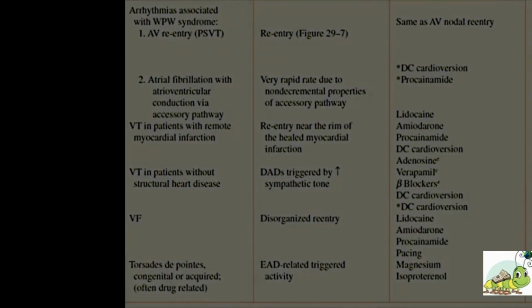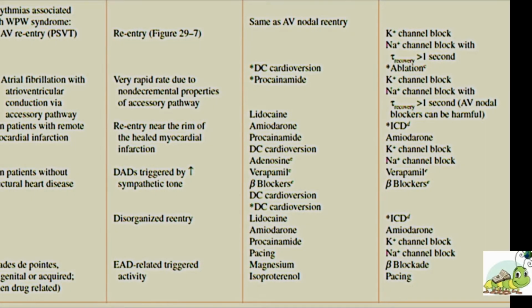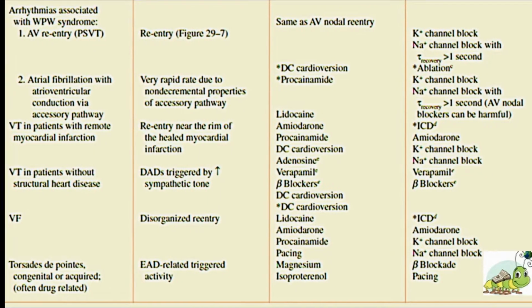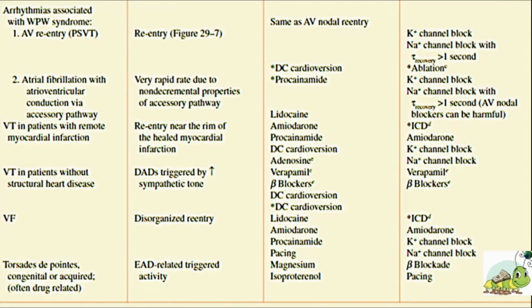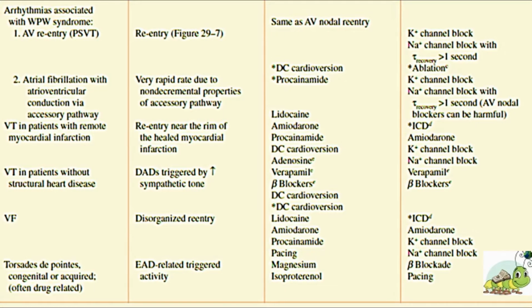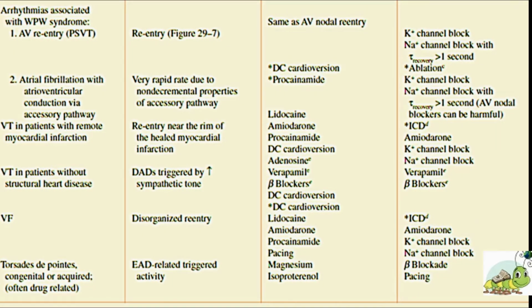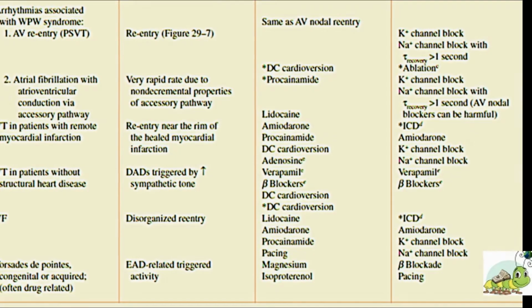Triggered automaticity results from delayed afterdepolarizations that reach threshold and are capable of initiating an impulse. Afterdepolarizations occur when a normal action potential triggers extra abnormal depolarization, that is, the first normal action potential triggers additional oscillation of membrane potential, which may lead to arrhythmia. There are two types of afterdepolarization: early afterdepolarizations and delayed afterdepolarizations. Early afterdepolarizations are due to opening of L-type calcium channels or fast sodium channels.